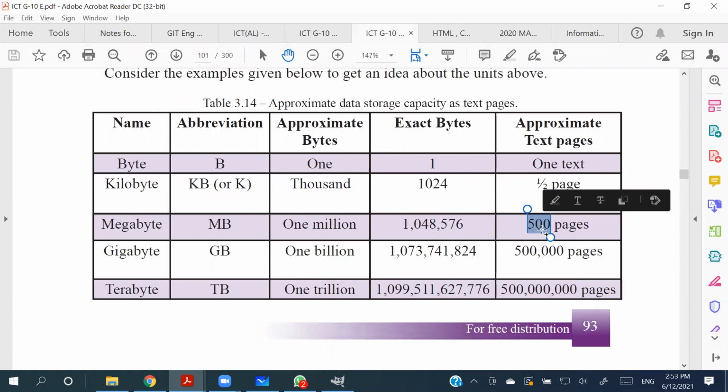So still it is very capable of having a big capacity, because when it comes to hard disks, we find capacities in terabytes and petabytes sometimes, right? So see, terabytes means how many pages?